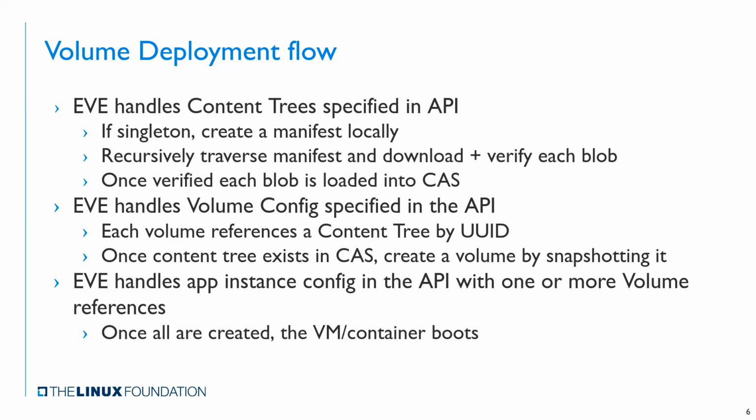So once the actual content has been loaded into CAS, the content tree will be used to create a volume. And if this is a VM image, it's basically just performing a copy. If it's an OCI image, it actually does a snapshot and lays down things based on the hierarchy, the layers on top of each other.